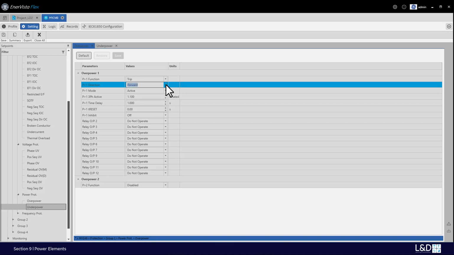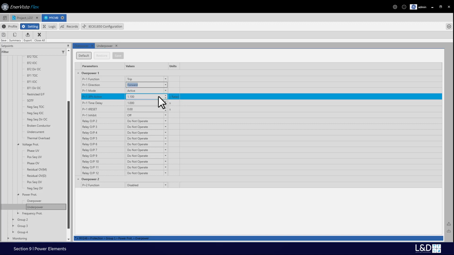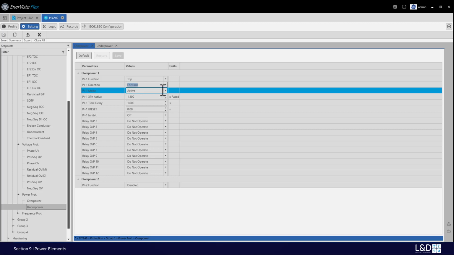A forward overpower condition occurs when the system load becomes excessive. Generally, the forward power protection element would be set above the maximum power rating. And the reverse overpower condition occurs when the generator prime mover fails, and when this happens, the power system may supply power to the generator, causing it to motor.